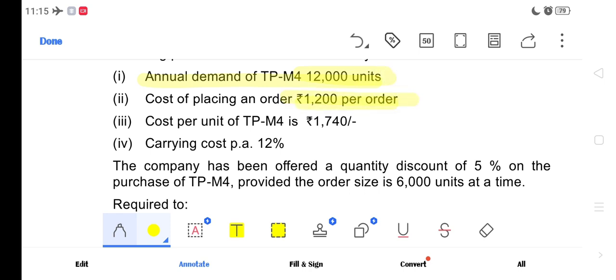And cost per unit of this material is 1,740, and carrying cost per annum is 12%.